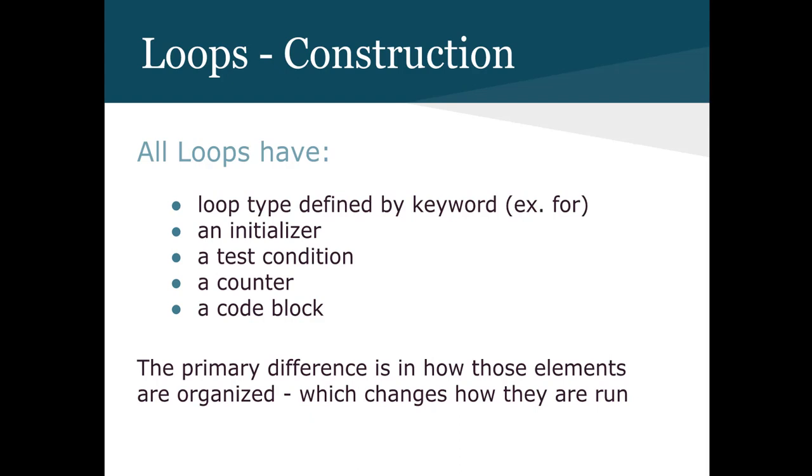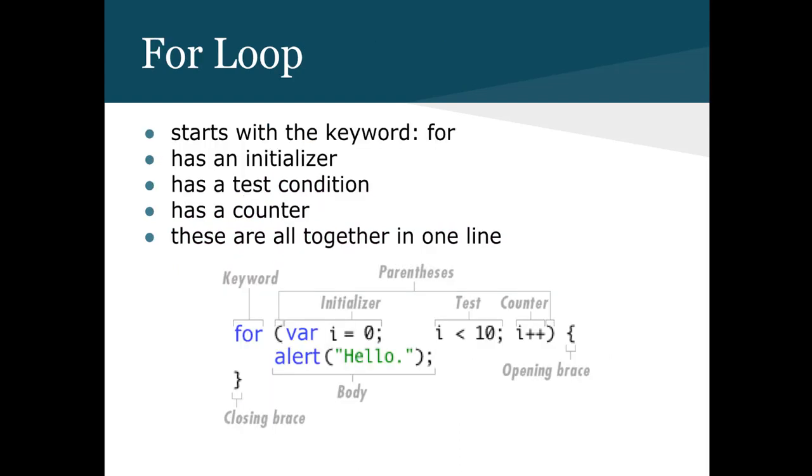We'll see an example of my favorite kind of loop, the for loop. It starts counting from the value of the initializer by increasing the initializer's value according to the counter. So this is var i equals 0, i for initializer equals 0. Then it's going to ask, how many times do I need to run this?